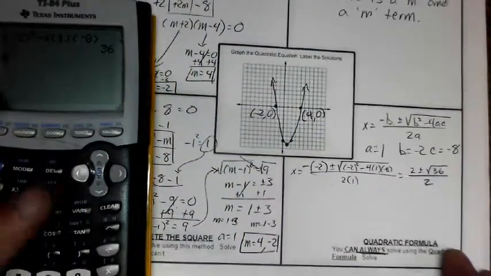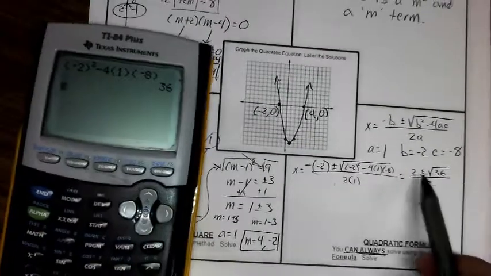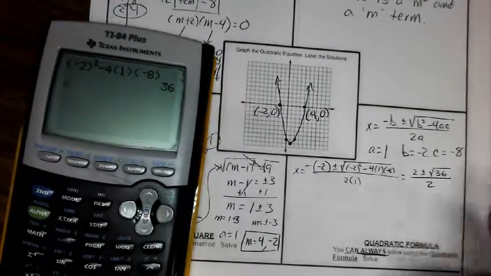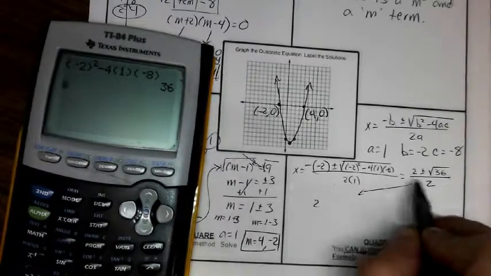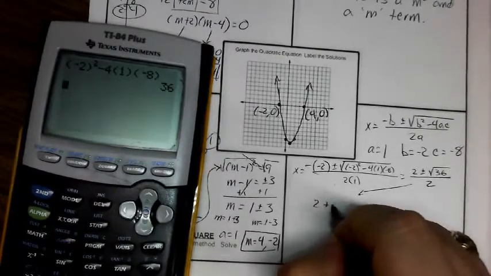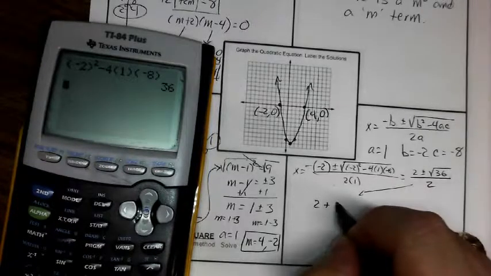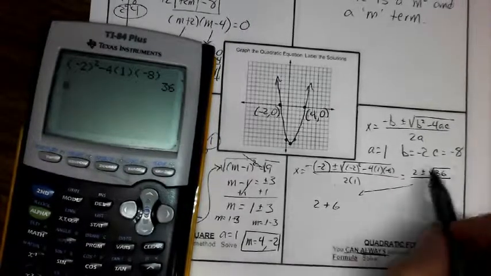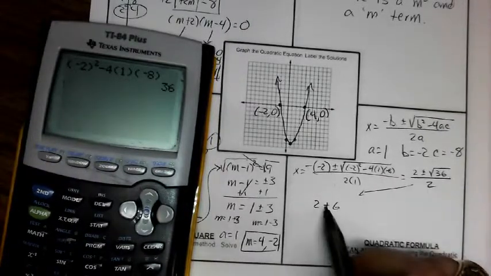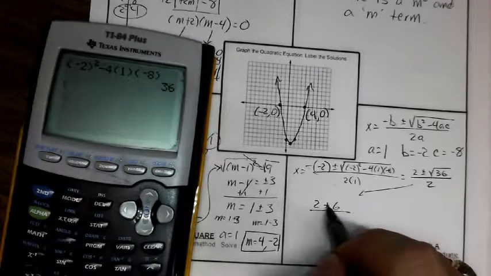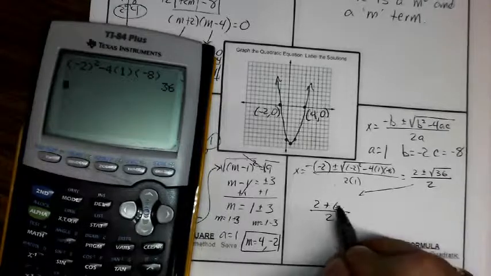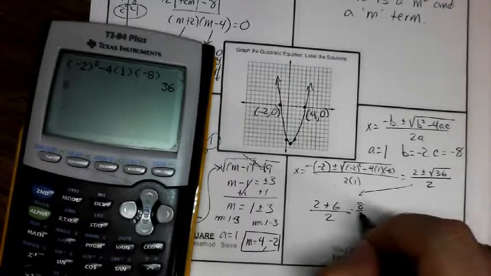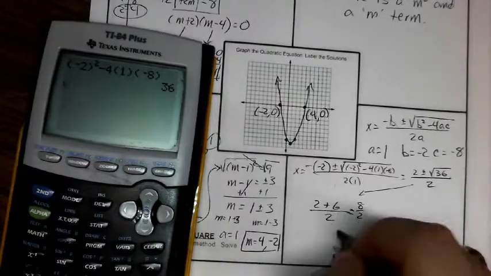And now you solve. You work this out. First, the way with the addition, so 2 plus the square root of 36, which is 6. And we're using the positive 6. That's why it's plus, divided by 2. That's 8 over 2, which is 4.